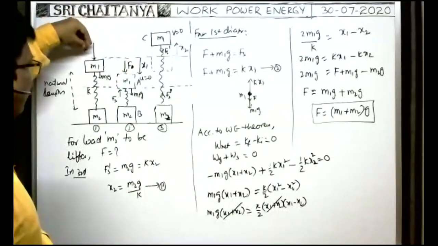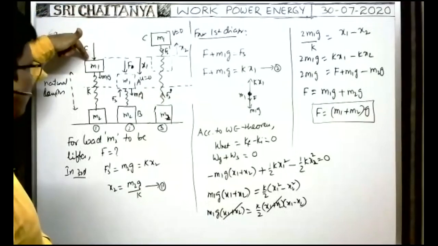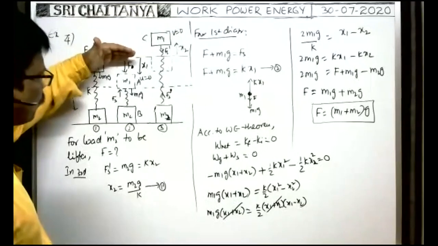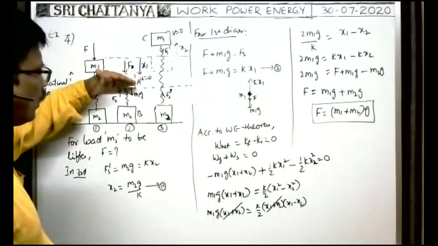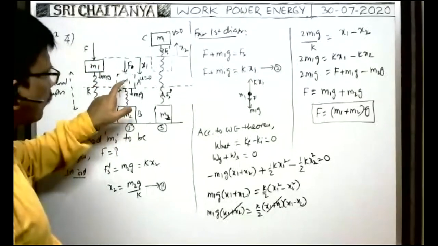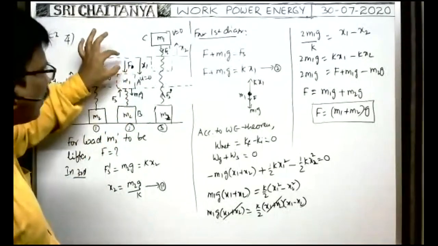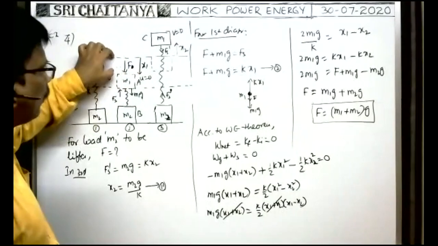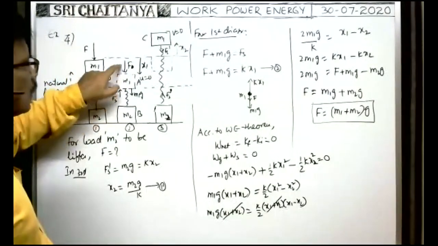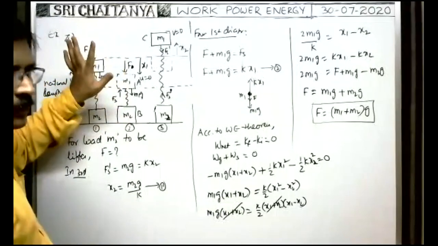But we applied the extra force now. That's why here it pushes downwards up to a certain distance x1. And when you release it, the spring pushes the block upwards so that whenever it comes back to the original position, the force acting on the block is only m1z. No spring force develops.